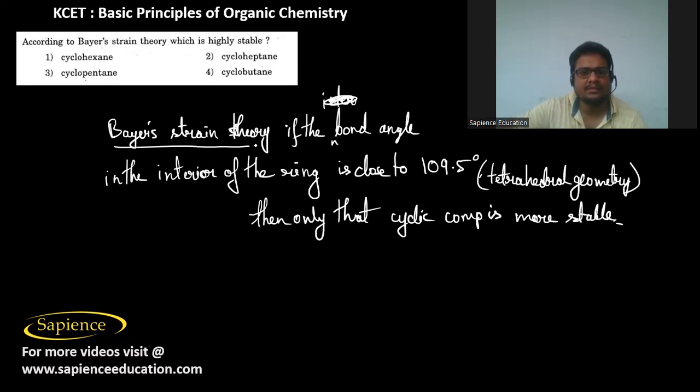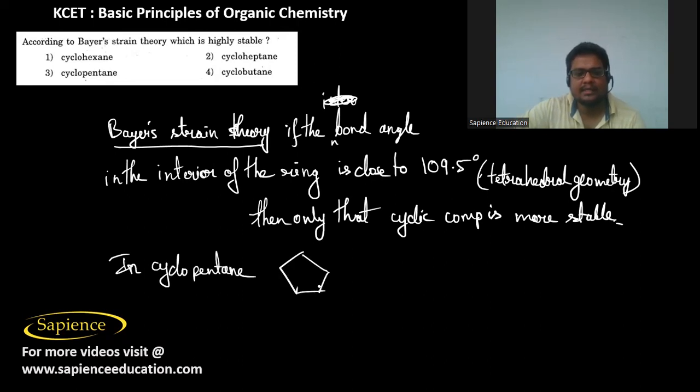So in Bayer's strain theory, if the bond angle in the interior of the ring is close to 109.5 degrees, then only that cyclic compound is more stable. So in case of cyclopentane, the internal angle is 108 degrees. And in case of cyclohexane, the internal angle is 120 degrees.